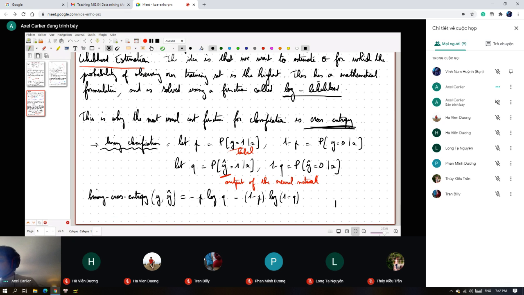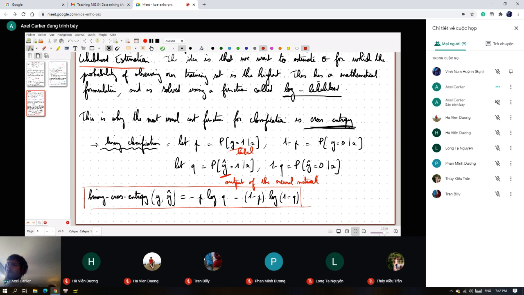Okay, this is the formulation of the cross entropy.